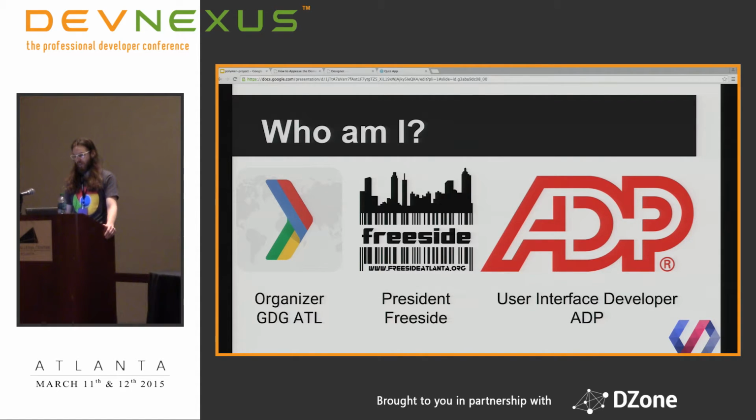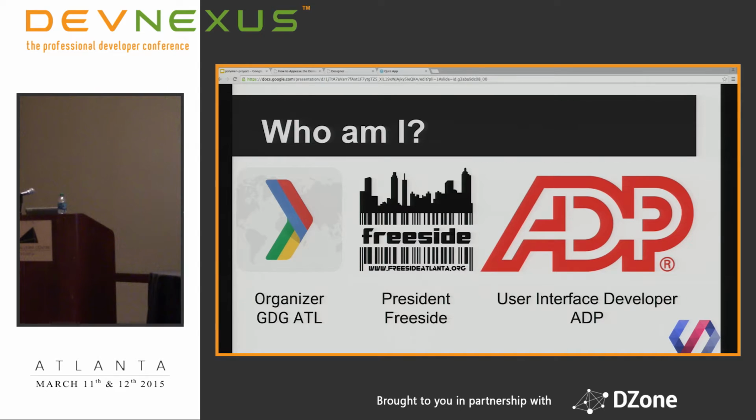All right, so I guess I'll jump in. I'll tell you a little bit about myself. This is time for my hat dance. So I was first the organizer for Google Developer Group Atlanta. I've been doing that for a few years. That's where I've gotten all the Polymer stuff from. A lot of my front-end development experience has really come in handy with that.